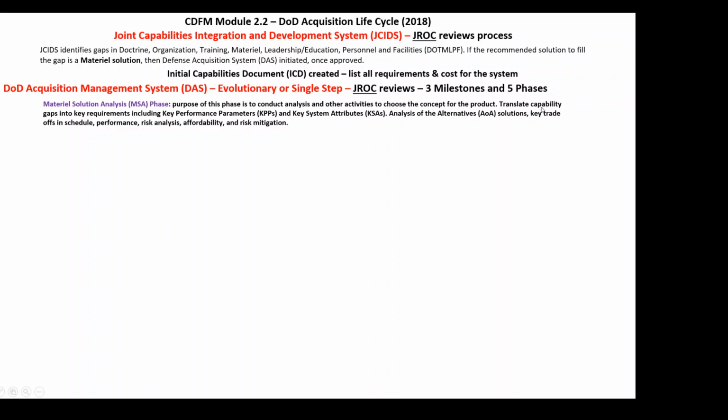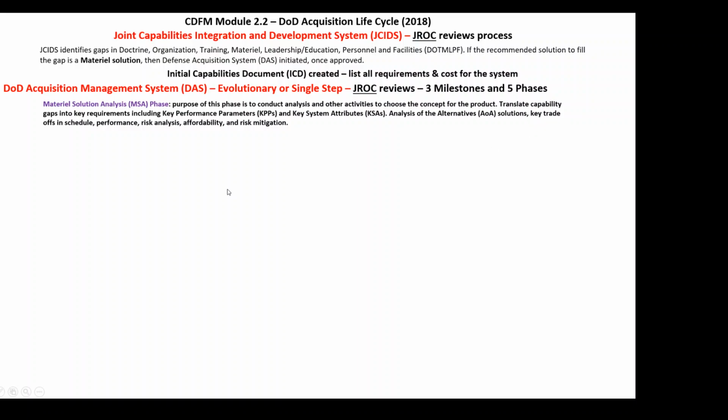You translate that capability gap into key requirements, which include key performance parameters. What does it need to do? What type of attributes, key system attributes, does this system need to have? And what are our courses of action? Analysis of alternatives: we need different alternatives, so we need to evaluate, like when you do a course of action analysis, to analyze which one makes the right sense for us to buy.